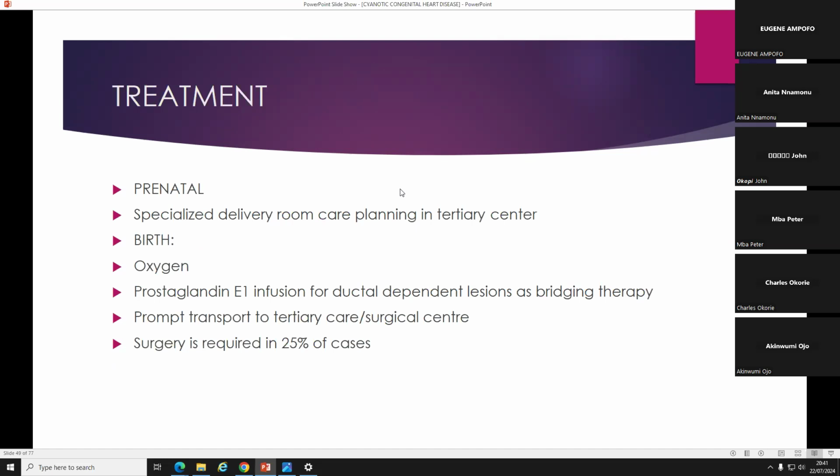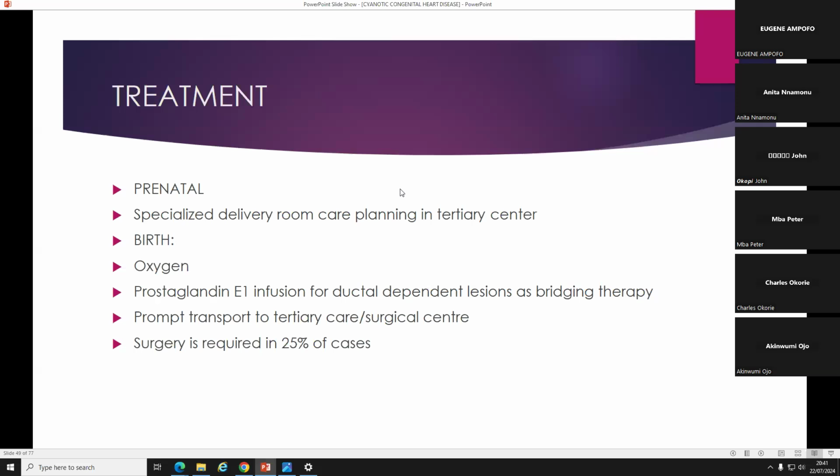When these diseases are diagnosed prenatally, plans have to be made for specialized delivery service, preferably in a tertiary center where there is access to surgical facilities.